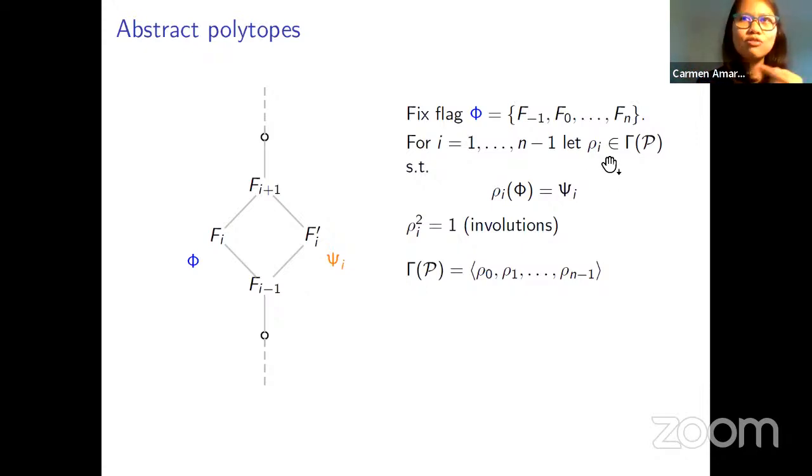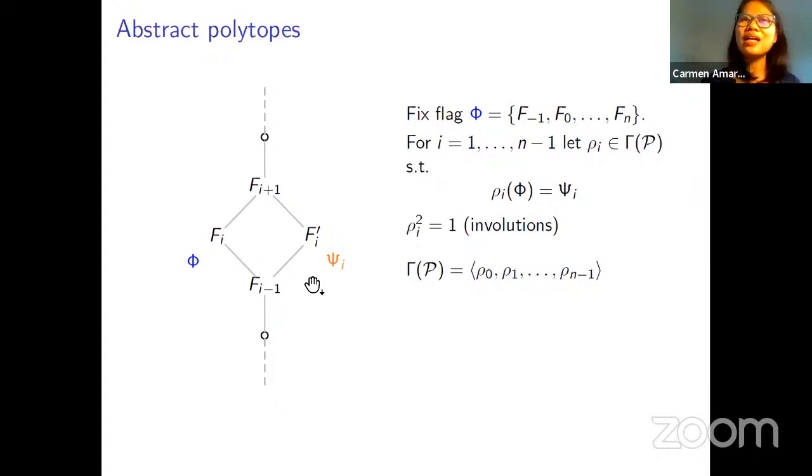So transitive tayo on flags. Let's take rho sub I to be the automorphism which sends phi to the flag psi sub I. Now, ano yung psi sub I? Psi sub I is the unique flag which differs from phi in the face of rank I.